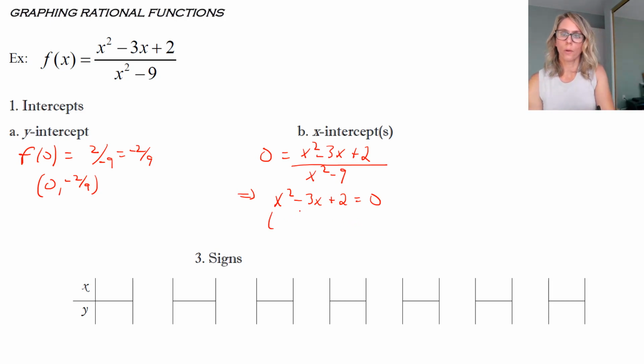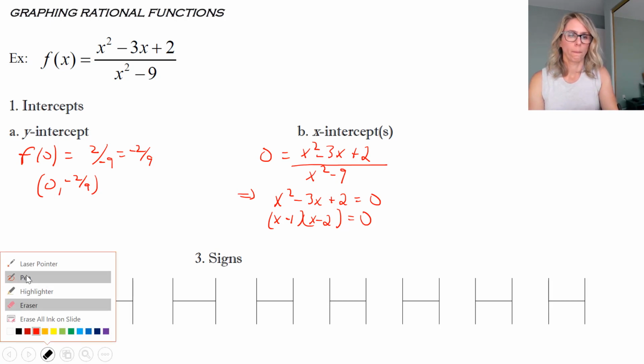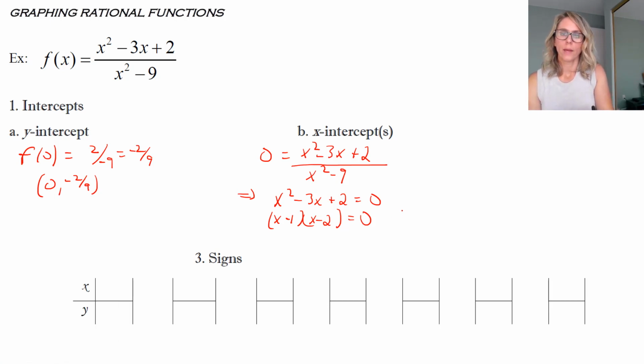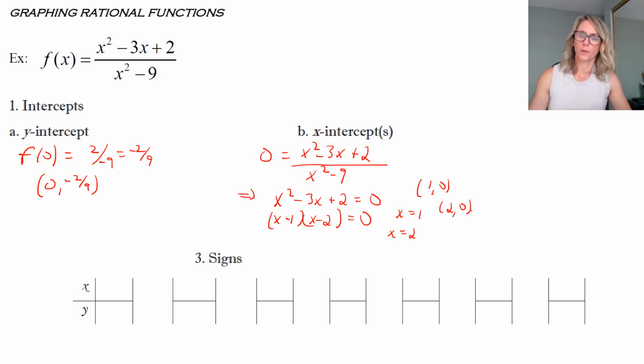That's a real number. So we look to see if we can come up with anything there. We have x minus 1 and x minus 2. Sorry, I'm thinking my domain here. So that gives us x equals 1, x equals 2, and more importantly, it gives us the points 1, 0 and 2, 0 as our x-intercepts.